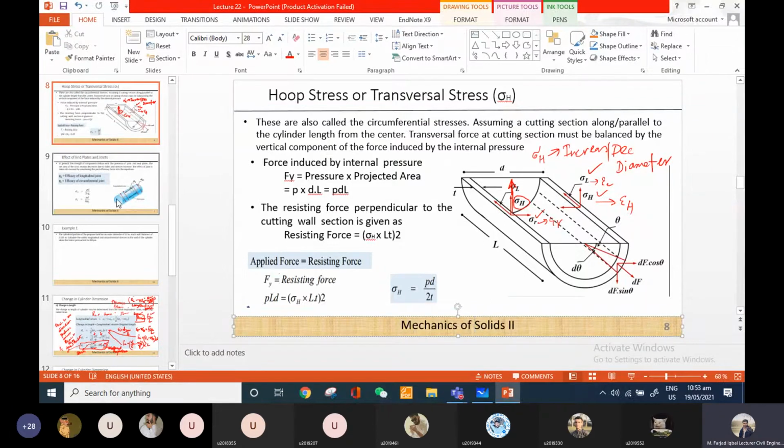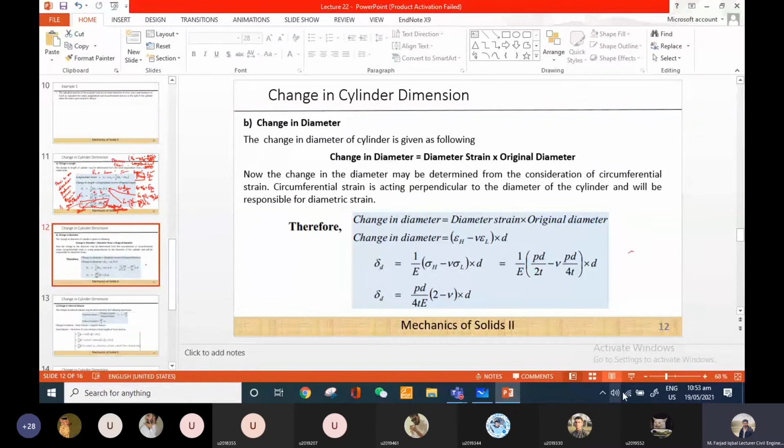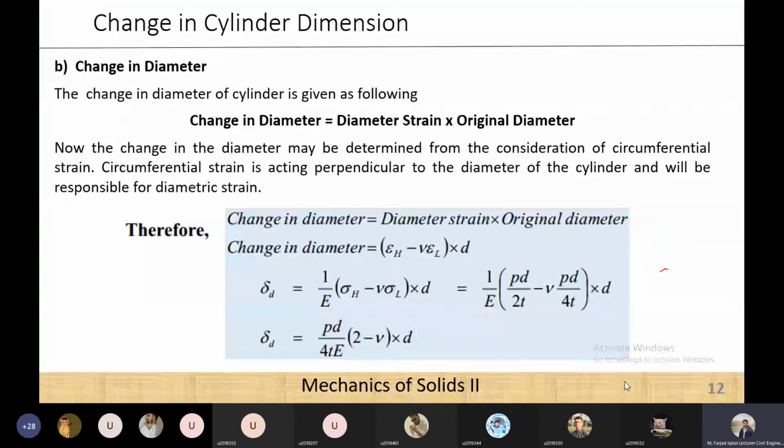In this figure, you can see that we have derived up to this point, and when I substitute the values of the hoop stress, that will be PD over 2T, sorry, and for the longitudinal stress I have this expression, PD over 4T, and when I simplify this one, I will get this particular expression for the change in diameter based on the internal stresses and the material properties.